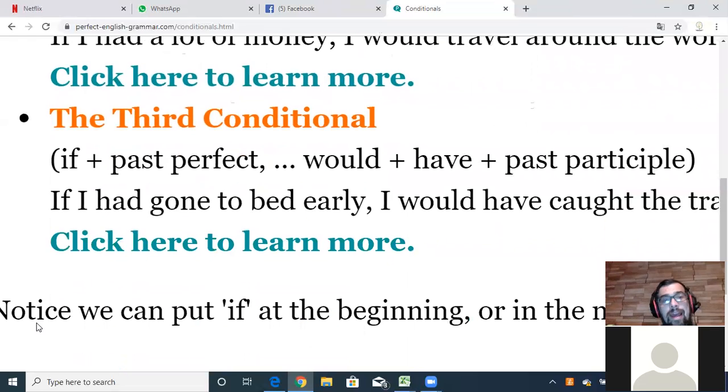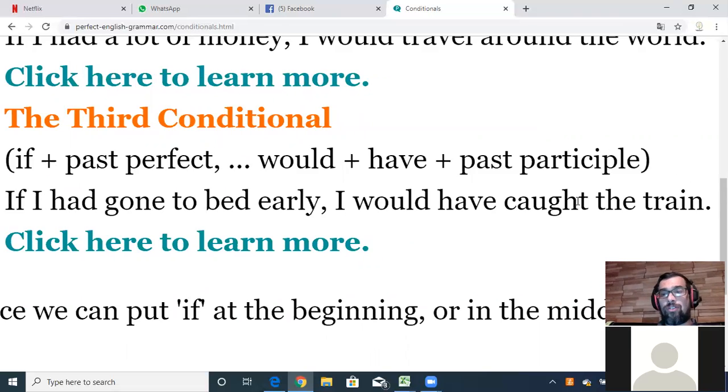Perfect. And the third conditional, remember, is when we already did something and we are regretting it. We do that sometimes, right? With the third conditional, we use past perfect plus would have plus past participle. For example, if I had gone to bed early, I would have caught the train.